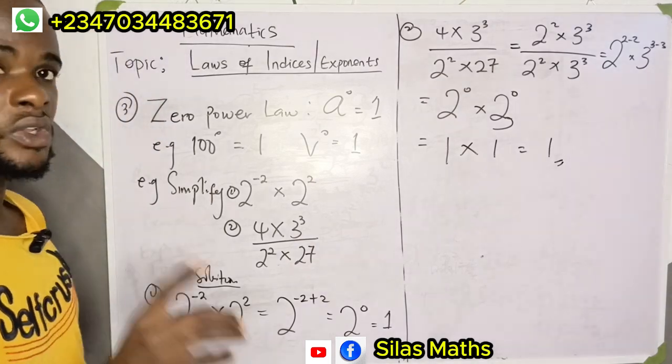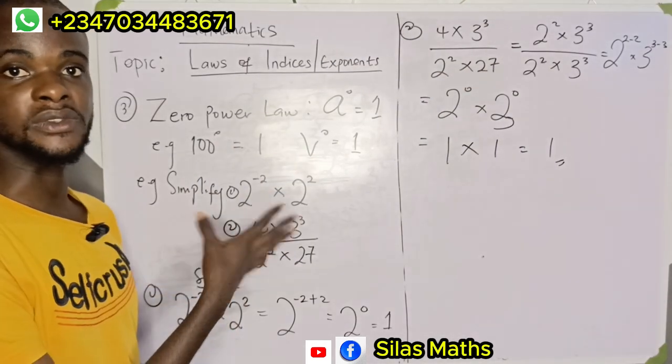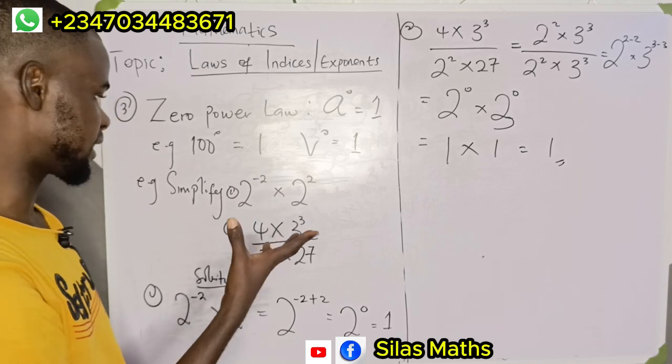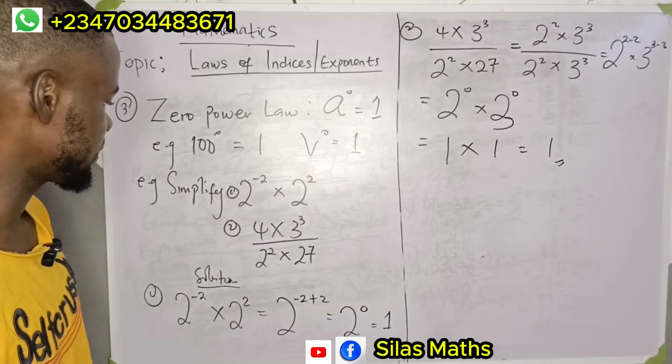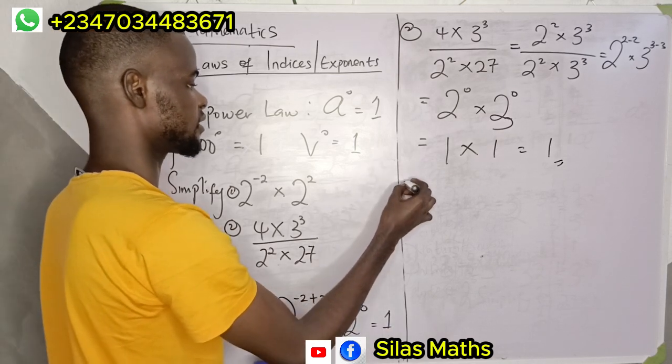So remember, don't forget, you can use any form of variables for these problems, not only numbers. So far we've been using numbers, but we can use variables as well. So let's say we have a problem like this.